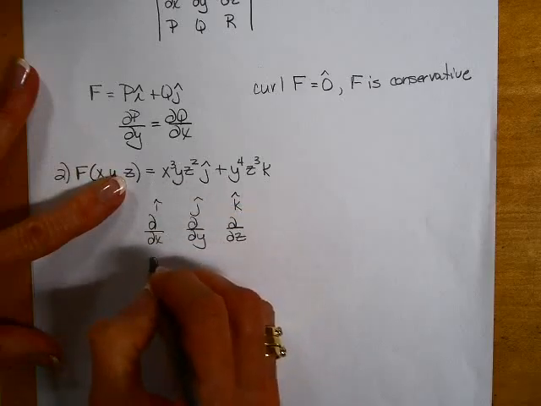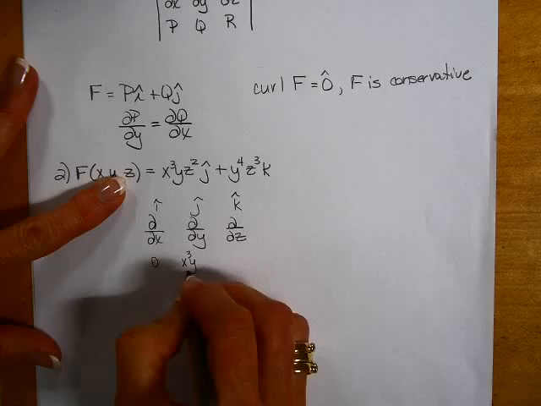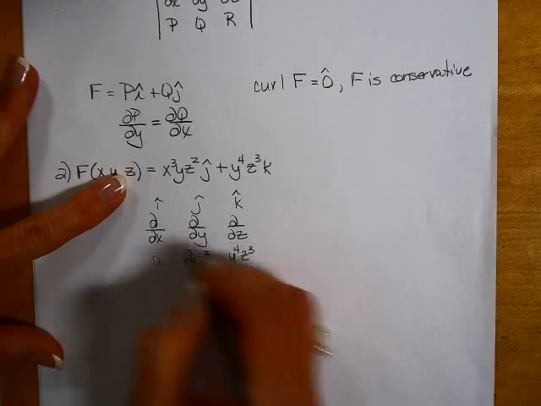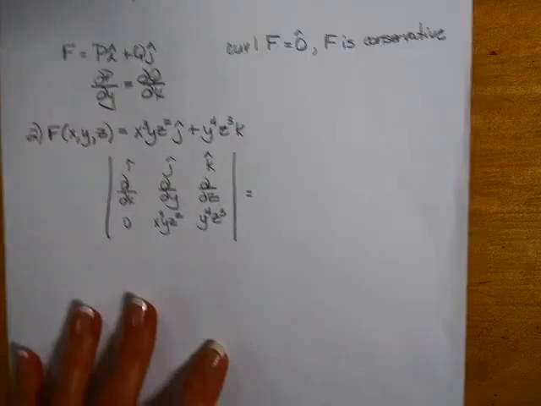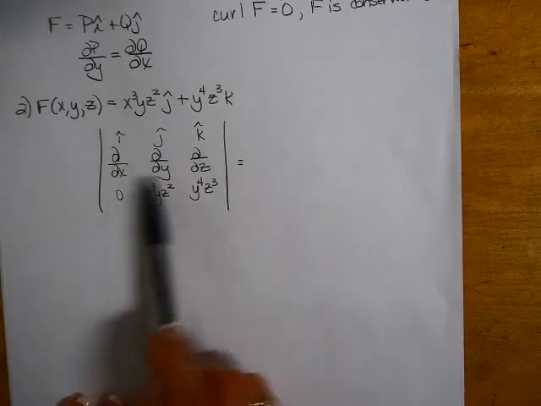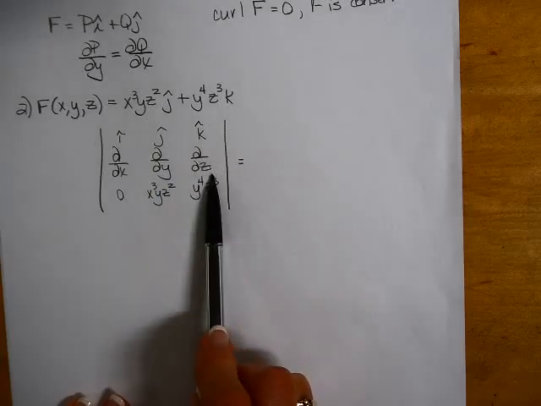Then I don't have an i, so that's 0. My j, x to the third y z squared. And for this one, I have y to the fourth z to the third. All right, does everybody understand what I'm doing? That's just the partial of whatever with respect to x, partial with respect to y, partial with respect to z.